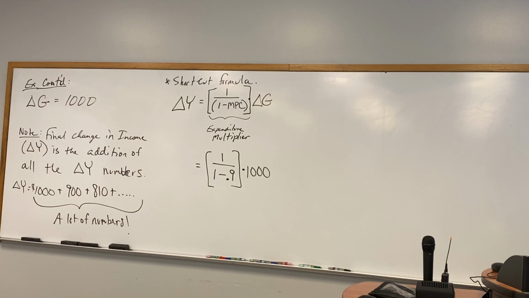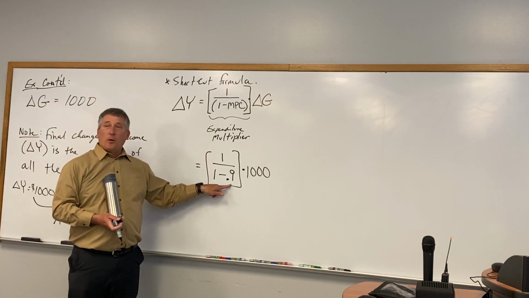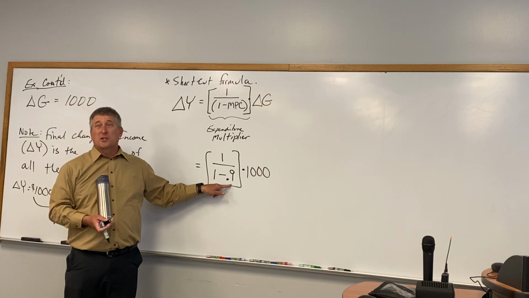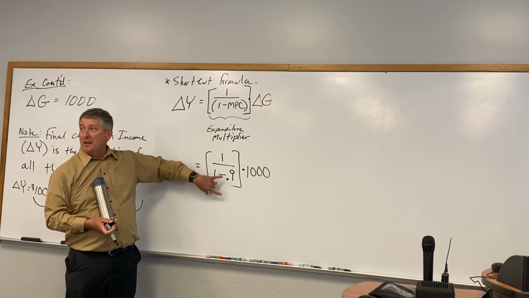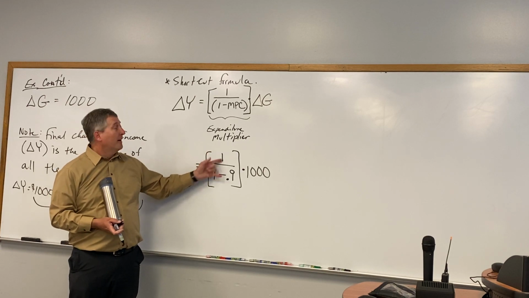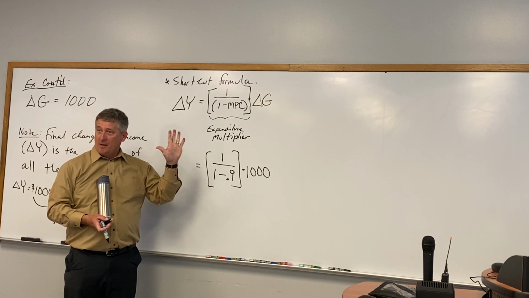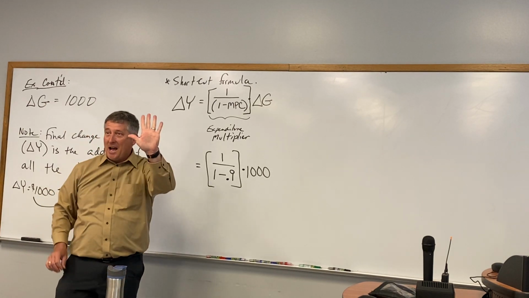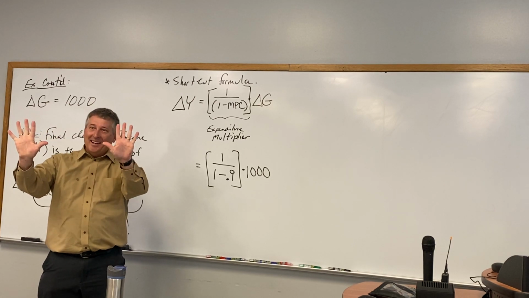So Justin, what I want to do first is what this number is. Don't do the whole thing, but 1 over 1 minus 0.9, everybody can help me with that one. What does that equal? 0.1, which is 1/10. And if we got a fraction in the denominator, flip it over, multiply it times the numerator, what's the multiplier? 10, good, very good.